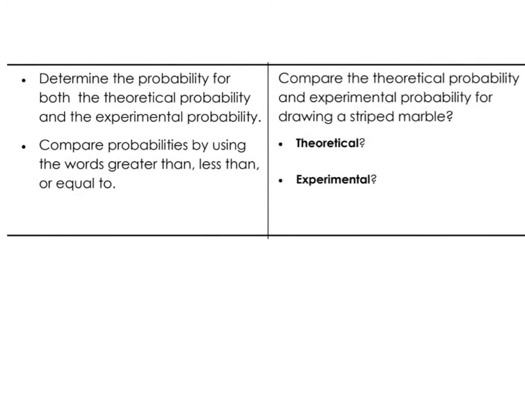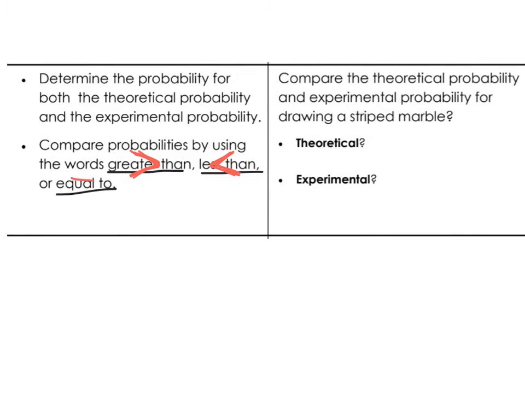So now we already determined the theoretical probability and then the experimental. And then we're going to compare the probabilities by using the words greater than, less than, or equal to. So remember, greater than is pointing to the right. Less than is pointing to the left.